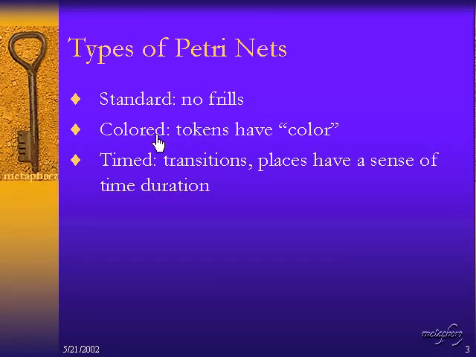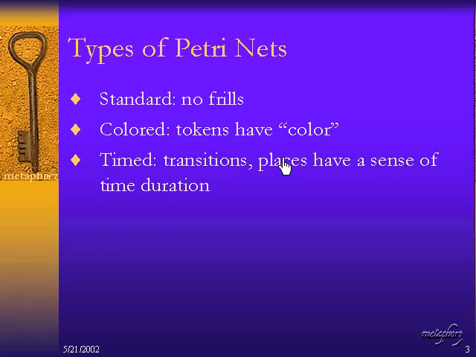We also can have colored tokens, and by colored tokens it really means that the tokens can have integers or different values assigned to them. In other words, they can have different sorts of names or integers, or they can be real valued, or they can have tuples assigned to them.